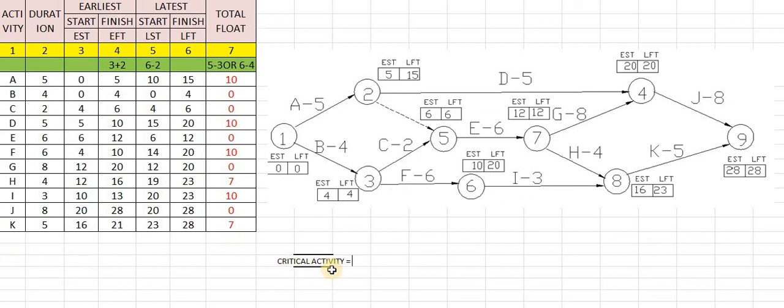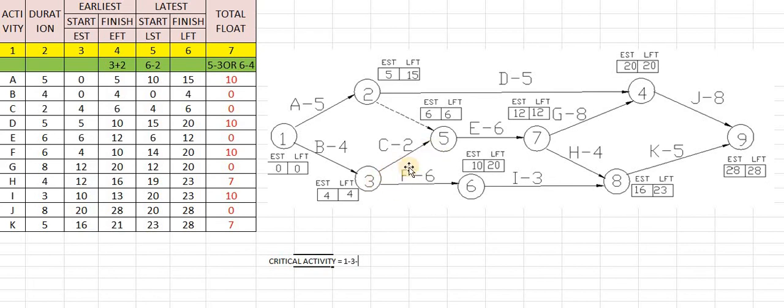I have pasted it here because there was not enough space to calculate. So here the critical path is this B. B is having 1 to 3. What is next?